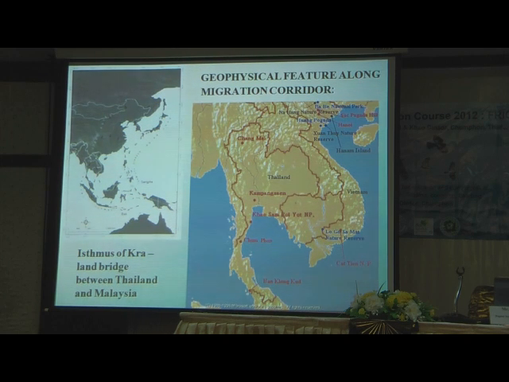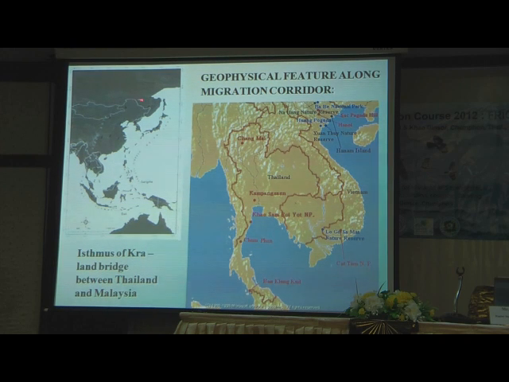Everybody knows about the Isthmus of Kra and Chumpon here. But if you look at the map of Southeast Asia, you can understand why the raptors choose to concentrate and come down the Isthmus of Kra, the neck here.